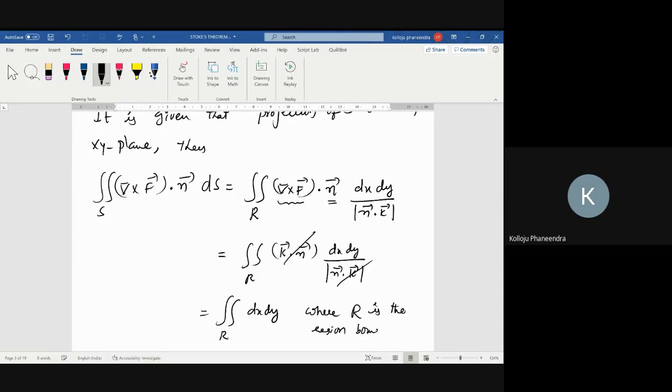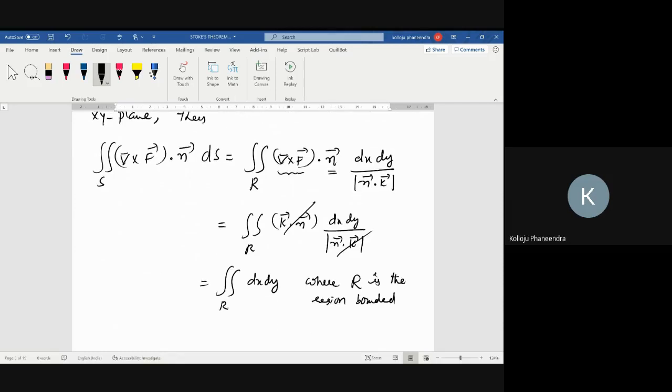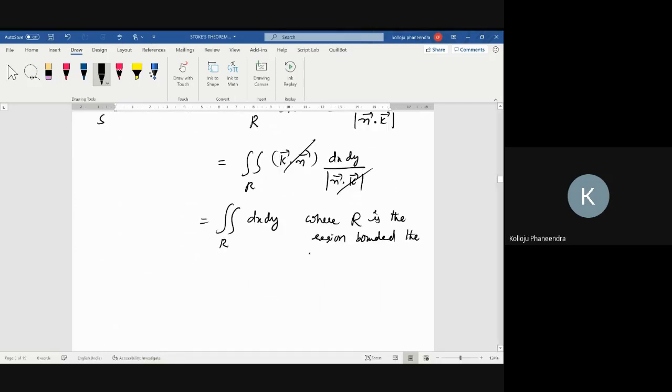R is the region bounded by the circle x square plus y square equal to 1 on the xy plane. Simply, what is this? It is nothing but the area of the circle with radius 1.